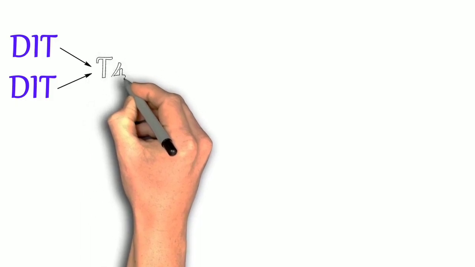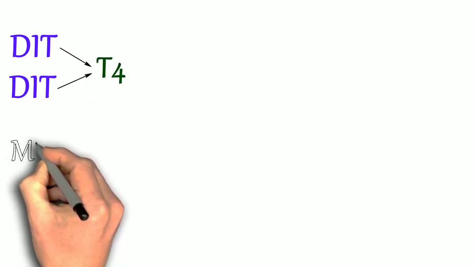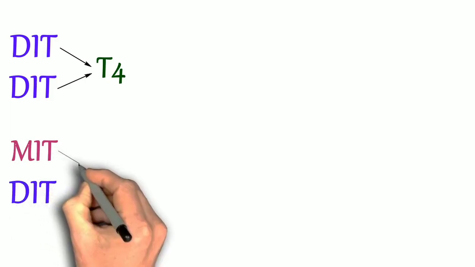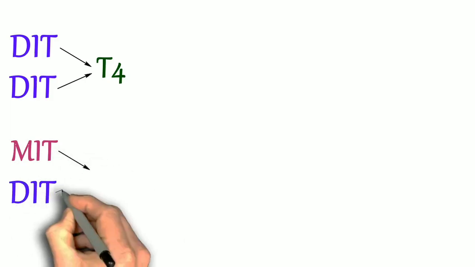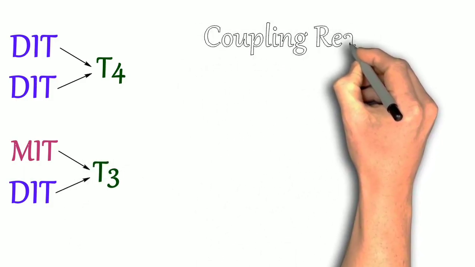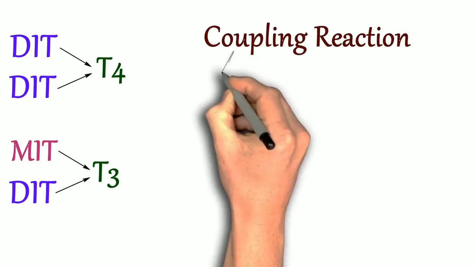Now let's get back on track. After formation of MIT and DIT, coupling of two molecules of DIT forms T4, and one molecule of MIT and one molecule of DIT couple to form T3 or triiodothyronine. Now for advanced knowledge, there are two theories of how this coupling reaction occurs.